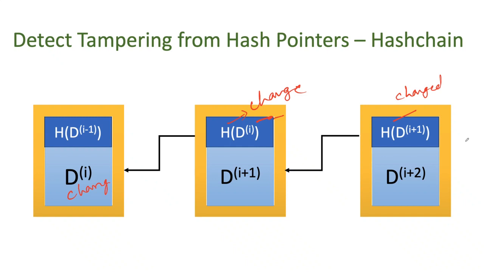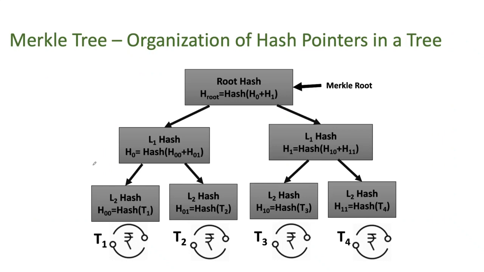When that hash value changes, every other block's hash value will also be changed. That is the advantage of hash pointers to detect any tampering, meaning whether anyone is making wrong transactions using the previous information. For that, it follows the Merkle tree organization of hash pointers.